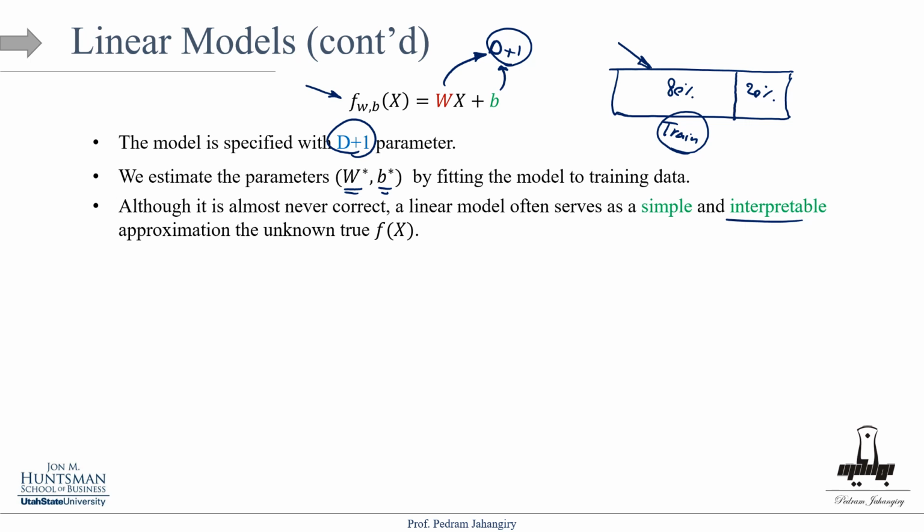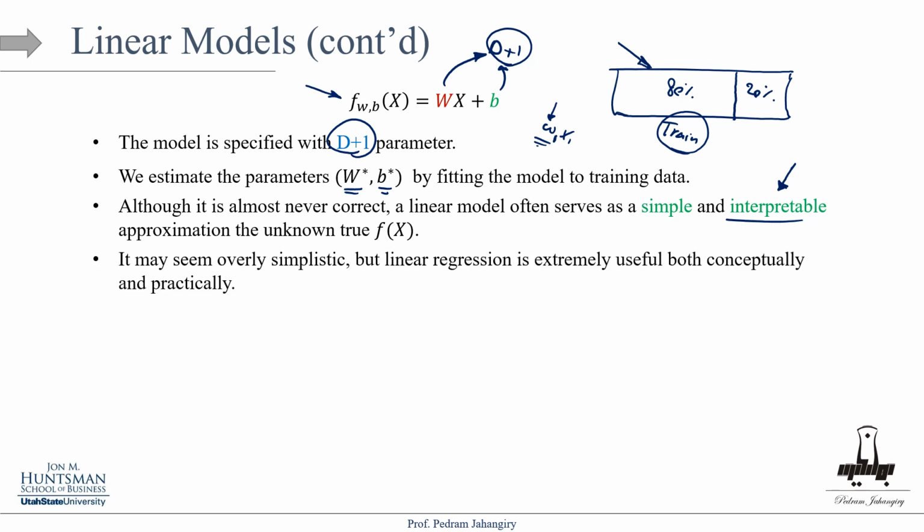And the linear regression model is a very simple model, and most importantly, it is interpretable, because you can perfectly interpret the weights. These are the loadings or weights of the features, right? So for example, if the weight for feature 1 is W1, we can perfectly interpret this one.